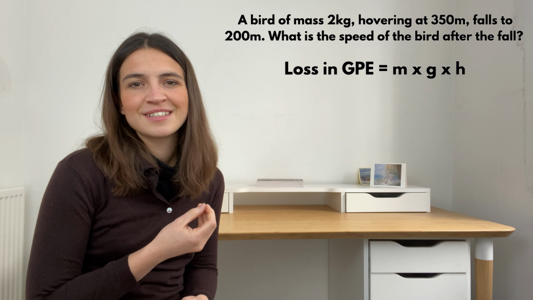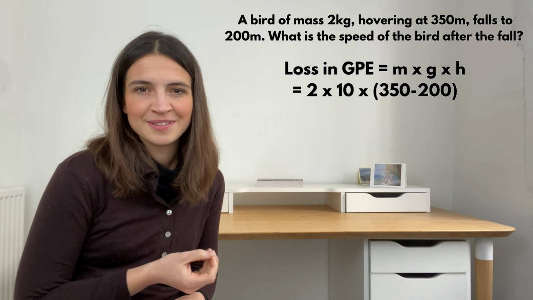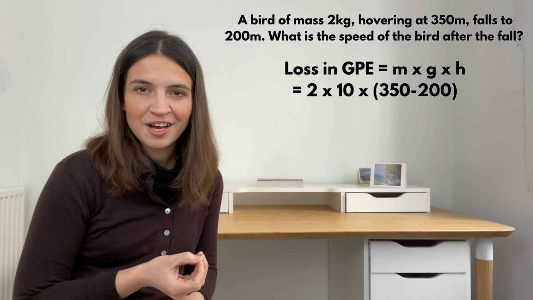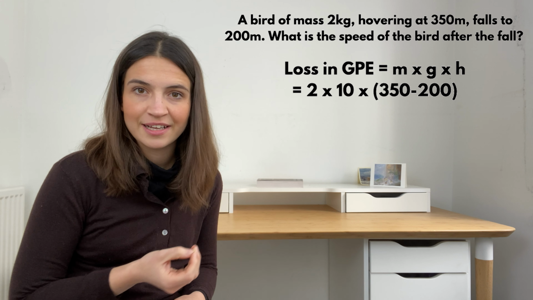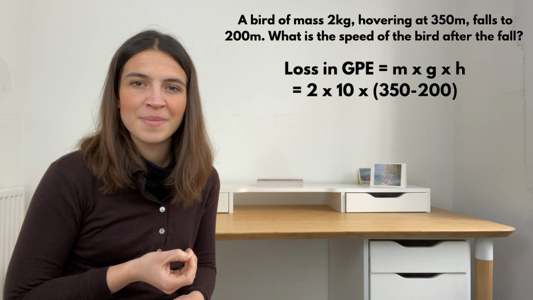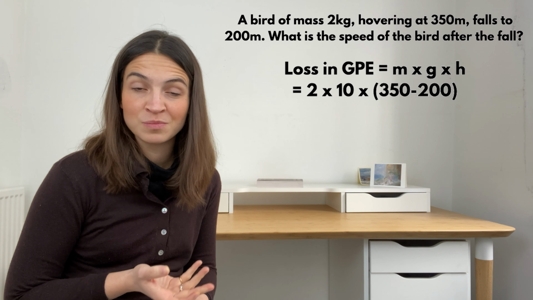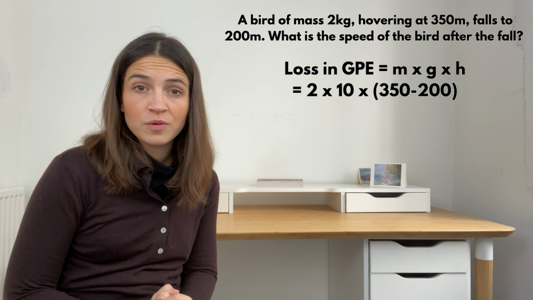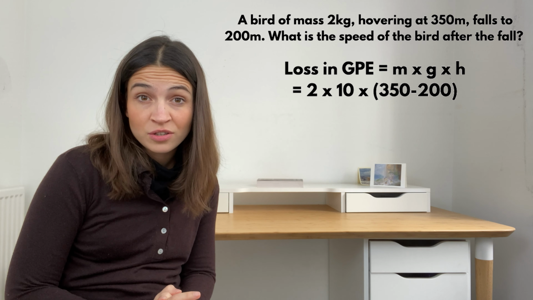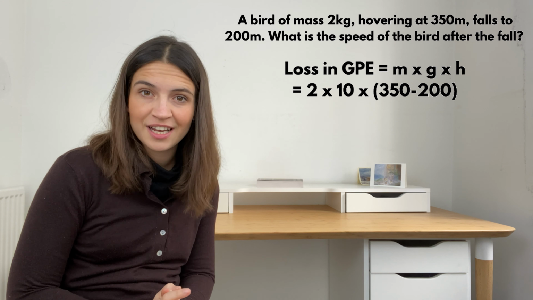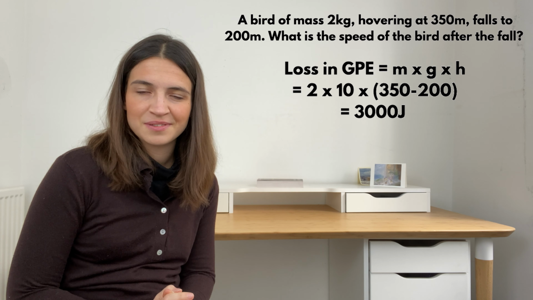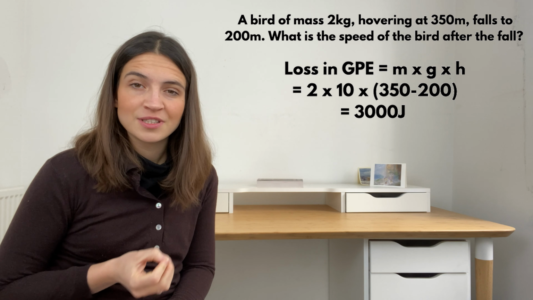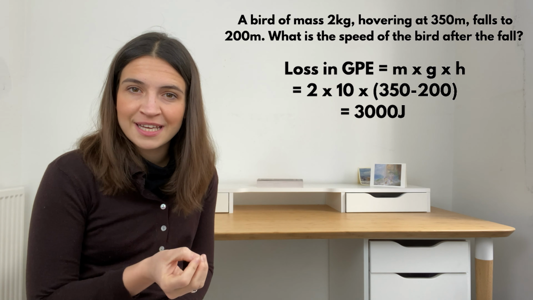So that is mass 2 times g 10 times that change in height, which is 350 minus 200, which is 150. So there is a loss of gravitational potential energy of 3,000 joules. That is equal to the bird's gain in kinetic energy.